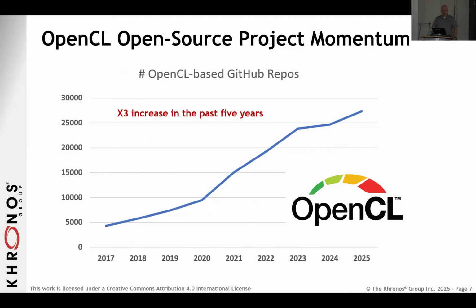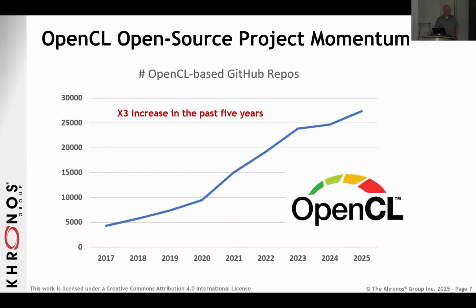We've been tracking the number of OpenCL related GitHub projects for getting on close to about 10 years now. And we continue to see basically a linear growth in the number of projects on GitHub that are using OpenCL. Admittedly, we're not entirely sure what this means, but we are happy to see that the number keeps going up.